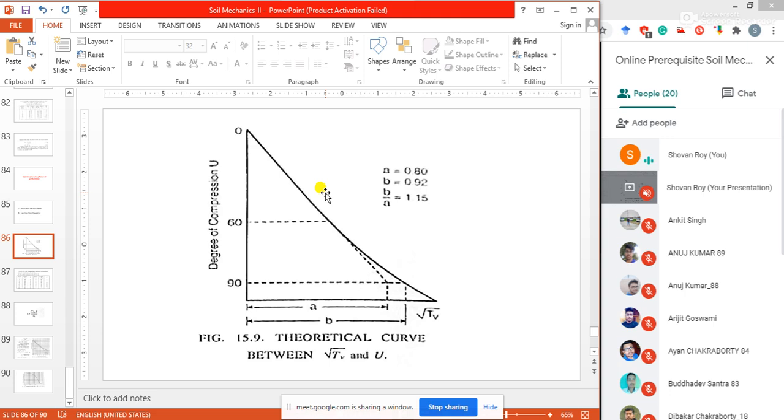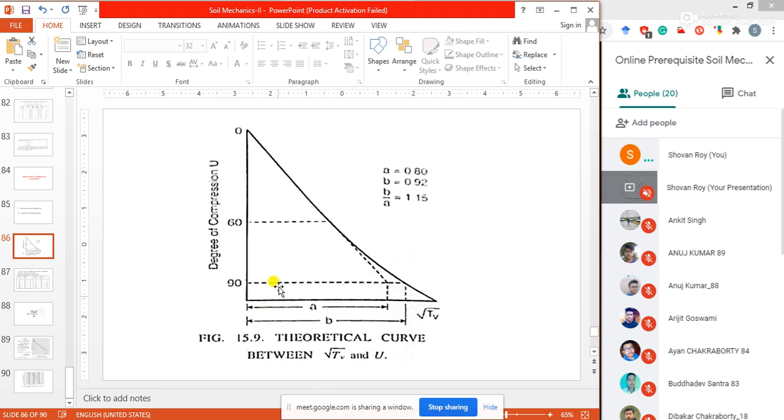The curve is straight, as you can see, up to U equals 60%, and the abscissa at U equals 90% is equal to 1.15 times the abscissa at U equals 60%.